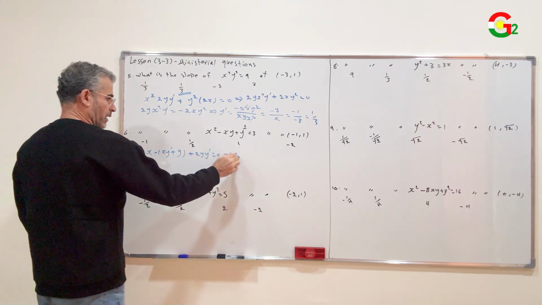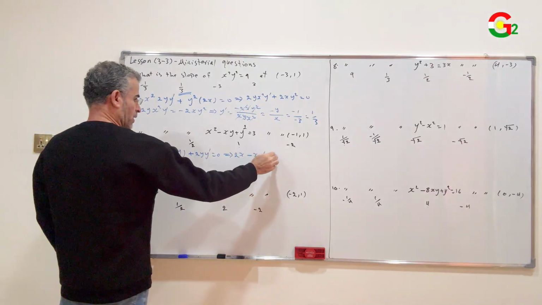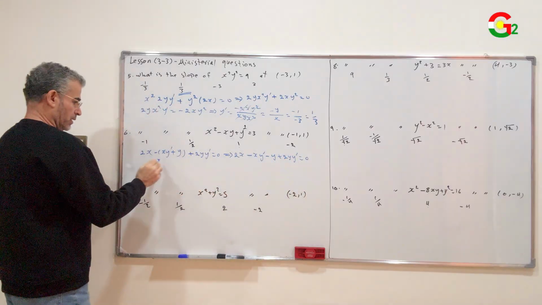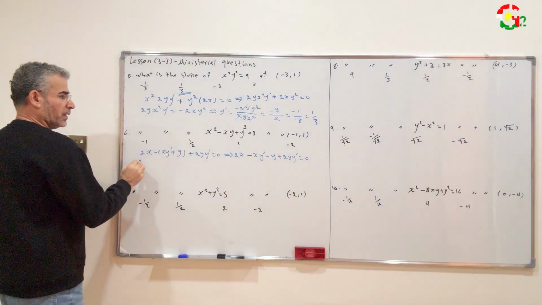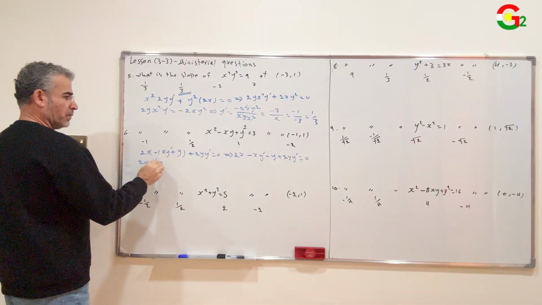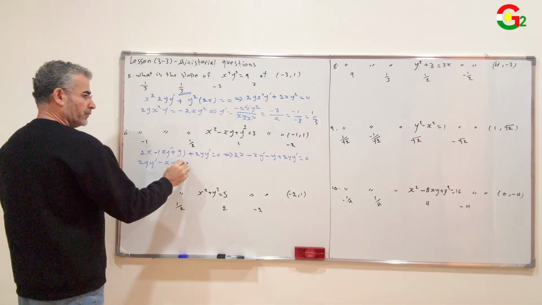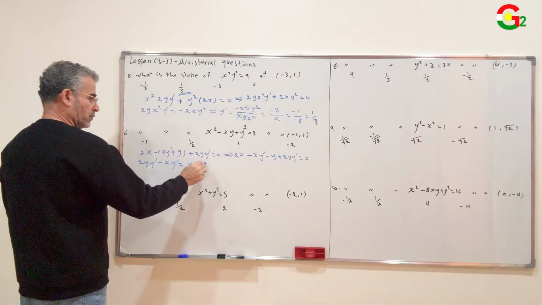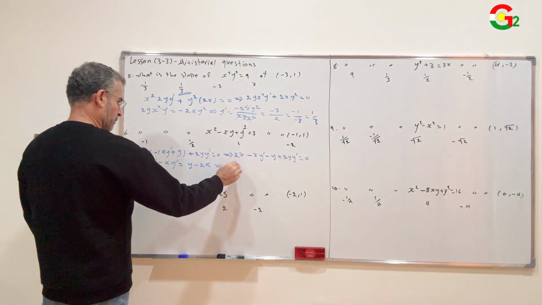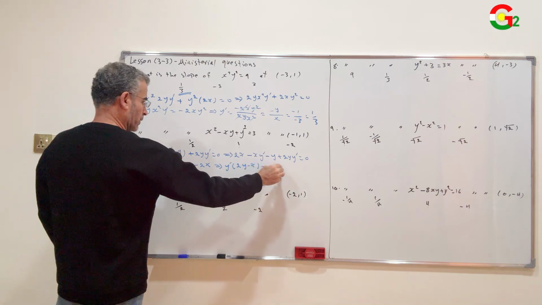Then 2x - x y' - y + 2y y' equals 0. Then 2y y' - x y' equal to y - 2x. Then y' times (2y - x) equal to y - 2x.